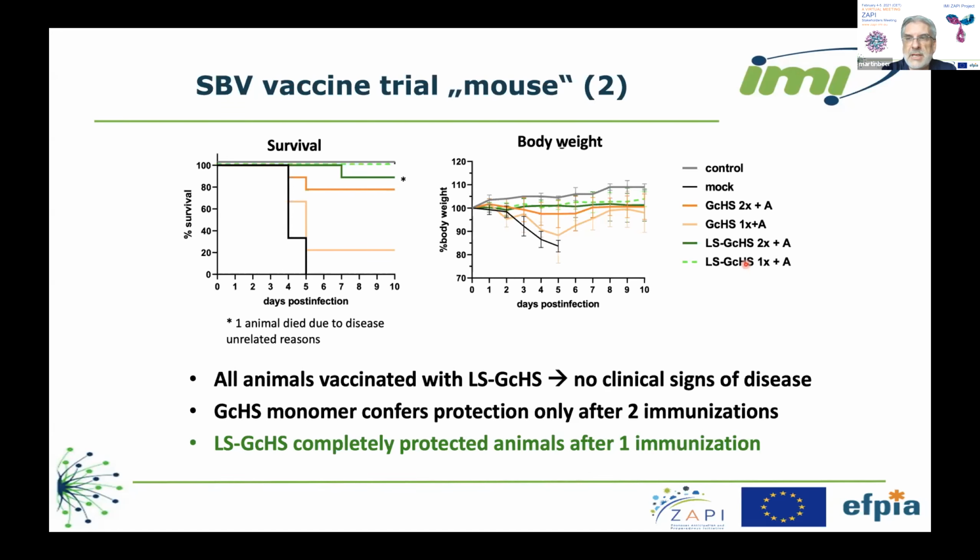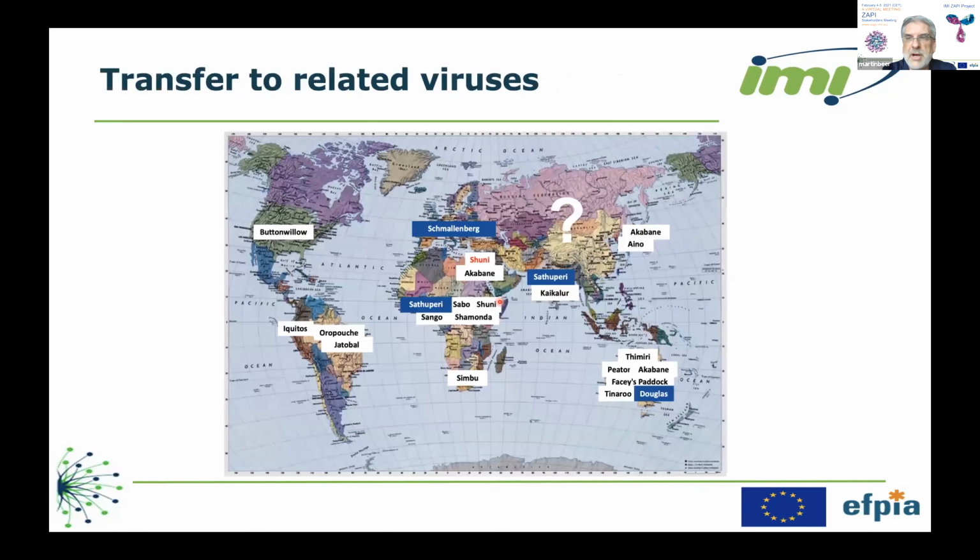So again, it shows it's a very high immunogenic region, and together with a particle, so further improving it, adjuvants, particle, and the right domain, you can even get full protection after 1 shot in this mouse model. So I think this shows very nicely that we were on the right path.